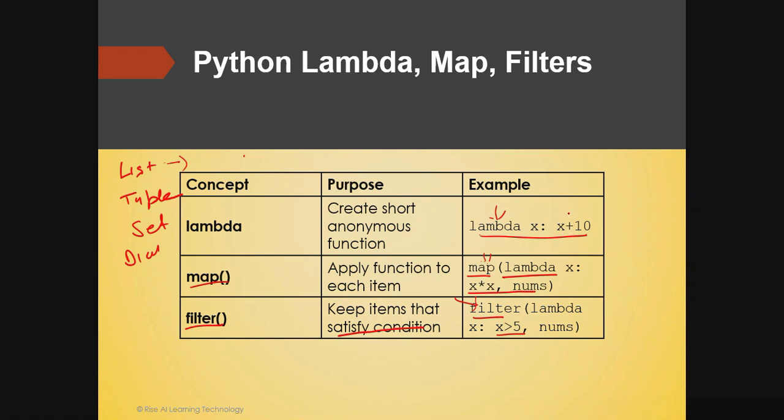Suppose I want to add 10 to each number, or here if I want to multiply the same number, and this is the list or tuple or sequence on which I am doing the operation. So this is the syntax for map and filter. Define the lambda function, then the list, and whichever method you want to use, whether map or filter.